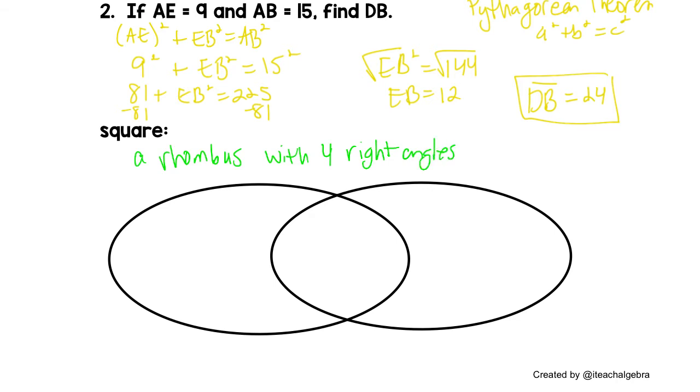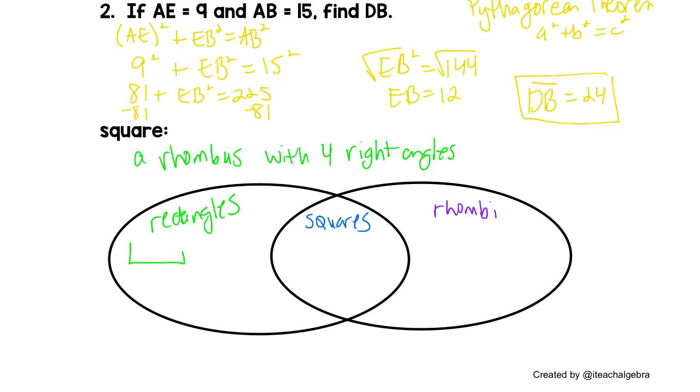If we draw a little Venn diagram here, we have rectangles over here and squares in the middle, and then we have rhombi on the right.